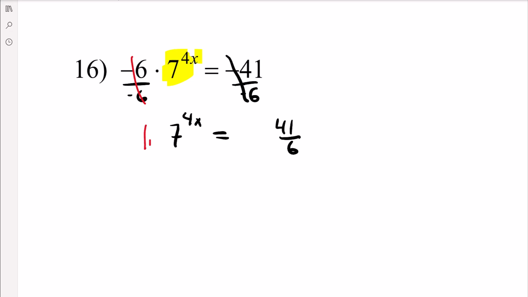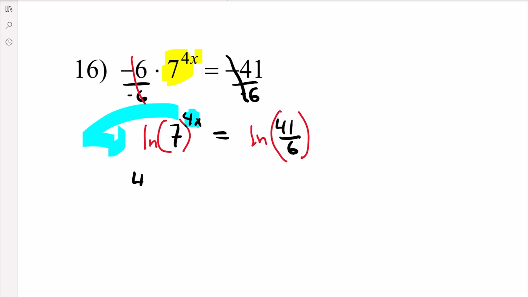Now we can take the ln of both sides. And then this thing right here is going to come around in front. So 4x times the ln of 7 is equal to the ln of 41 divided 6.